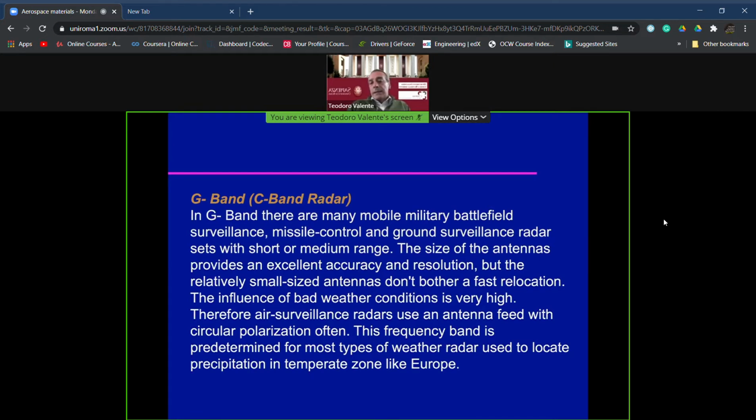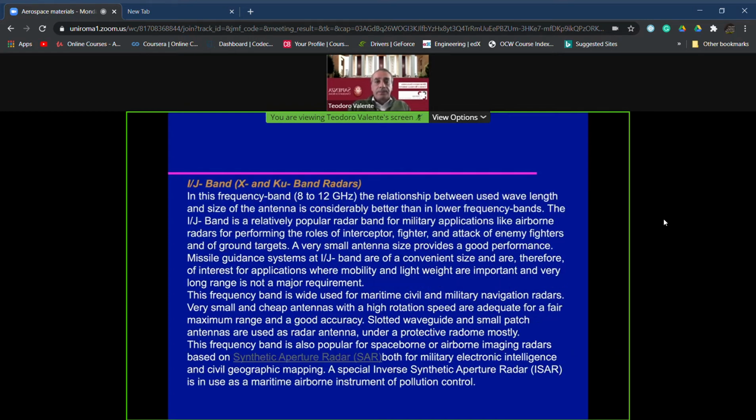This can reduce the drawbacks we have mentioned. And this frequency band is usually predefined for most types of weather radar used to locate precipitation, for example, in temperate zones like Europe.